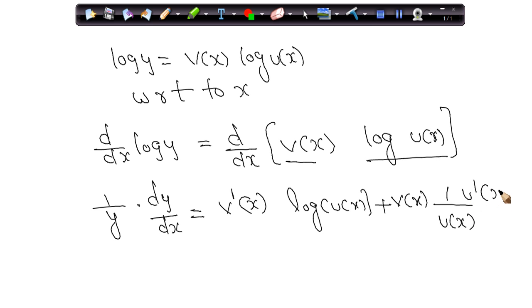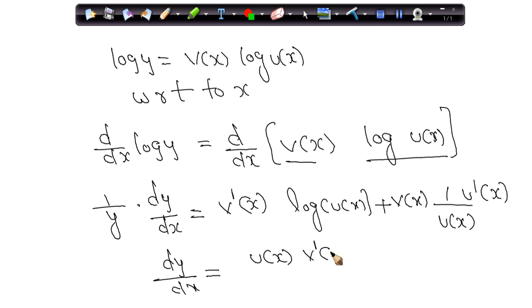This will be the derivative of log of u of x. So from this, dy by dx would be v dash of x log of u of x, or I can take the LCM, u of x, into v dash of x.